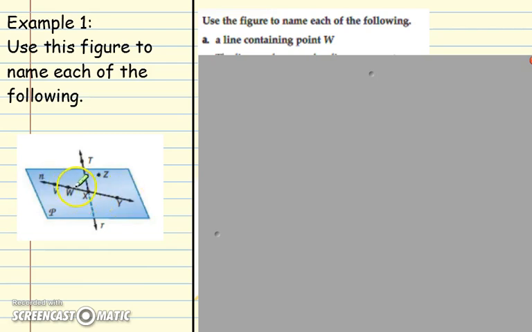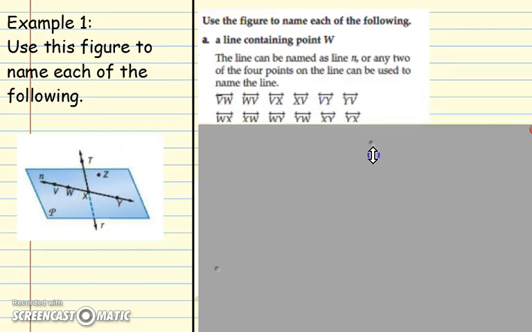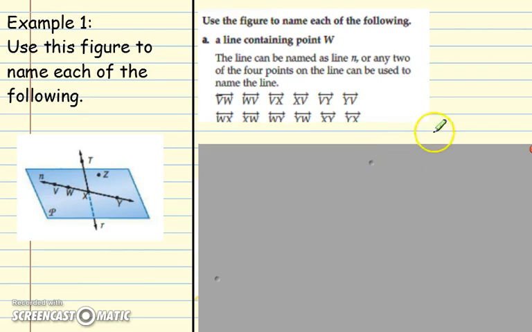We could call it WX, WV. Order doesn't matter. So you end up with all these different combinations. Again, like we said, line N, or any two of the 4 points, any combination and any order. VW, WV, and so on.